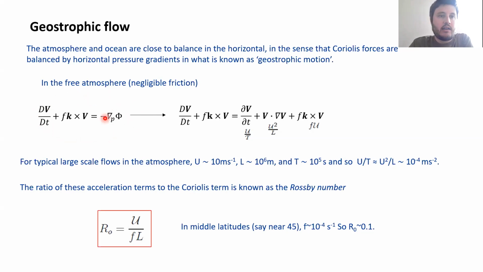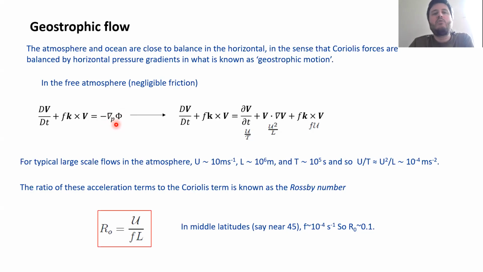We now use pressure as our vertical coordinate, so our horizontal pressure gradient forces are expressed in terms of gradients of geopotential on surfaces of constant pressure.